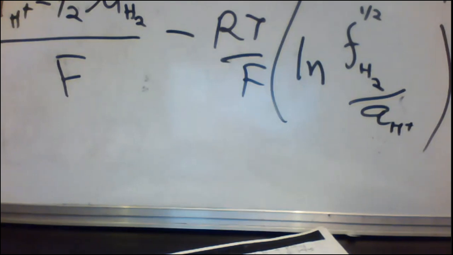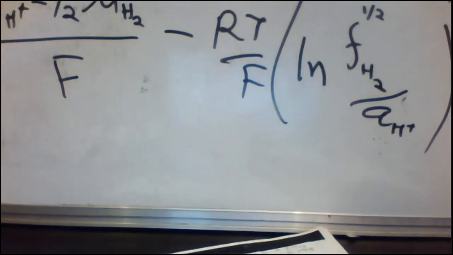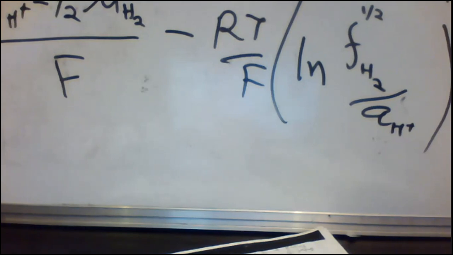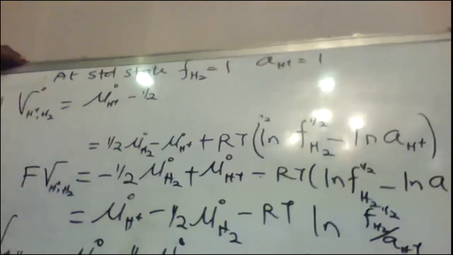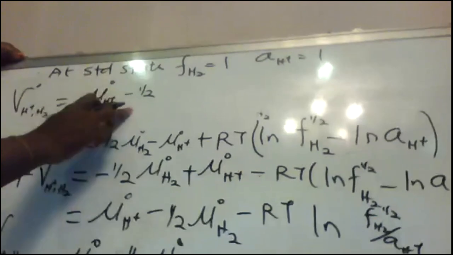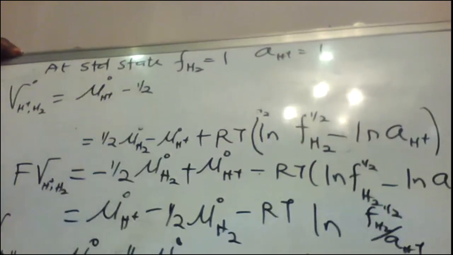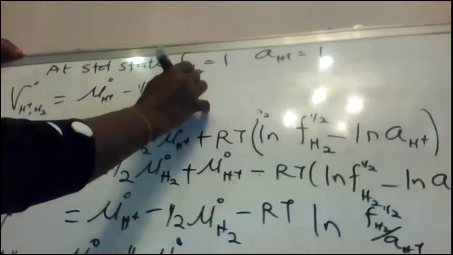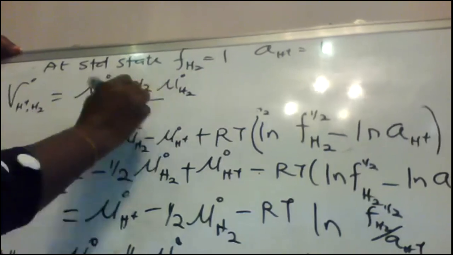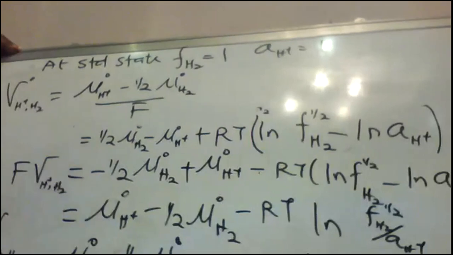So V naught of this hydrogen electrode, H plus H2, is equal to mu naught H plus minus half mu naught H2 over F minus RT over F times 0, which is going to be 0.